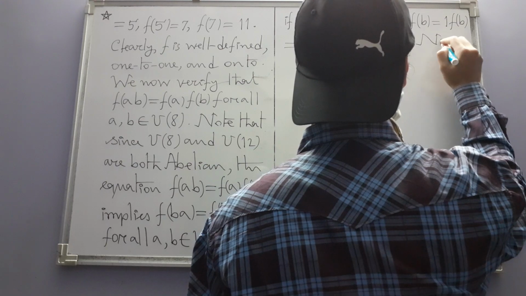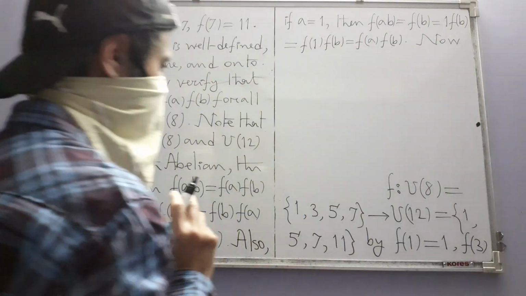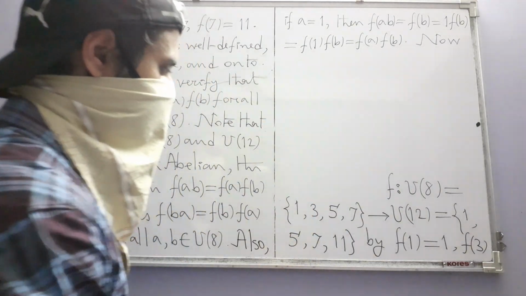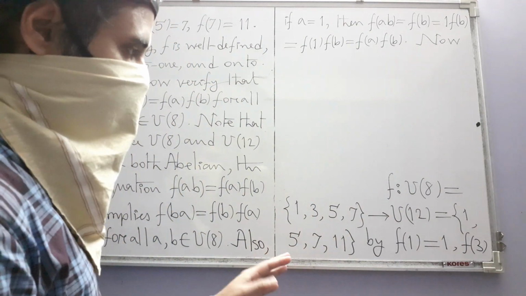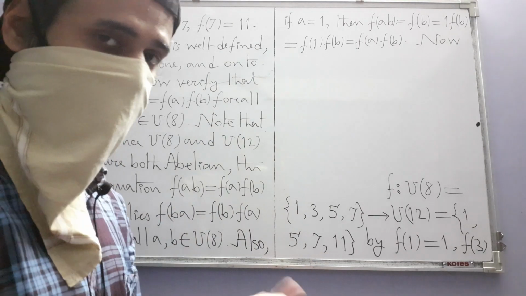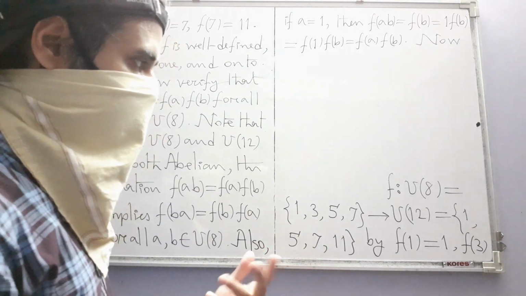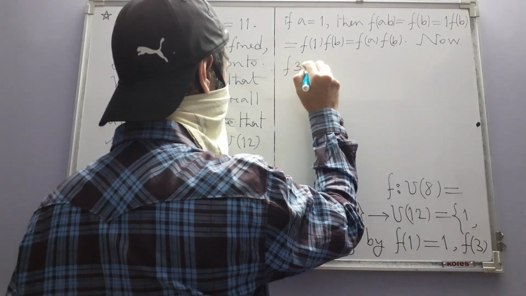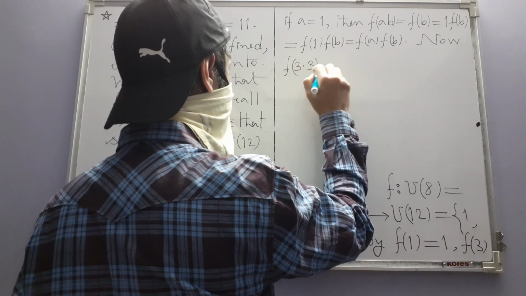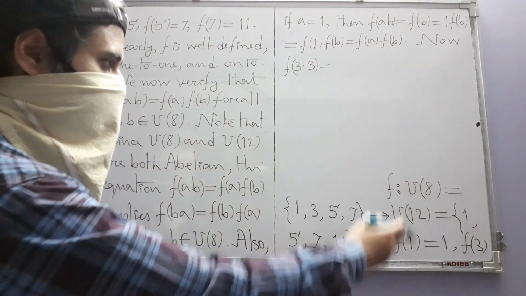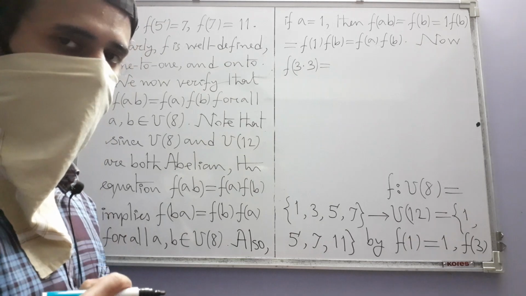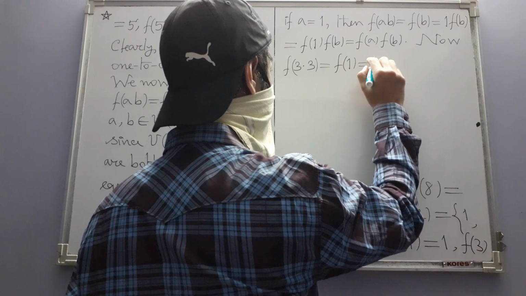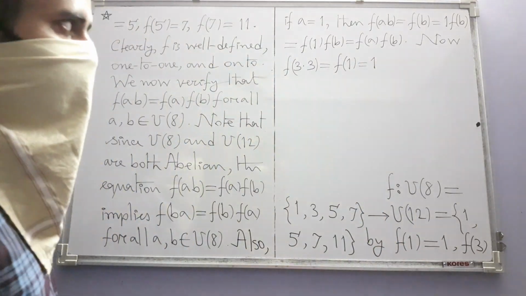Now we go through the calculations. The first product that arises is 3. Do not forget that A and B can be equal also. So the first product is 3 times 3. 3 times 3 is 9, but in U8, 9 is equal to 1. So this is f of 1. But f of 1 is 1, so we have written 1 there.